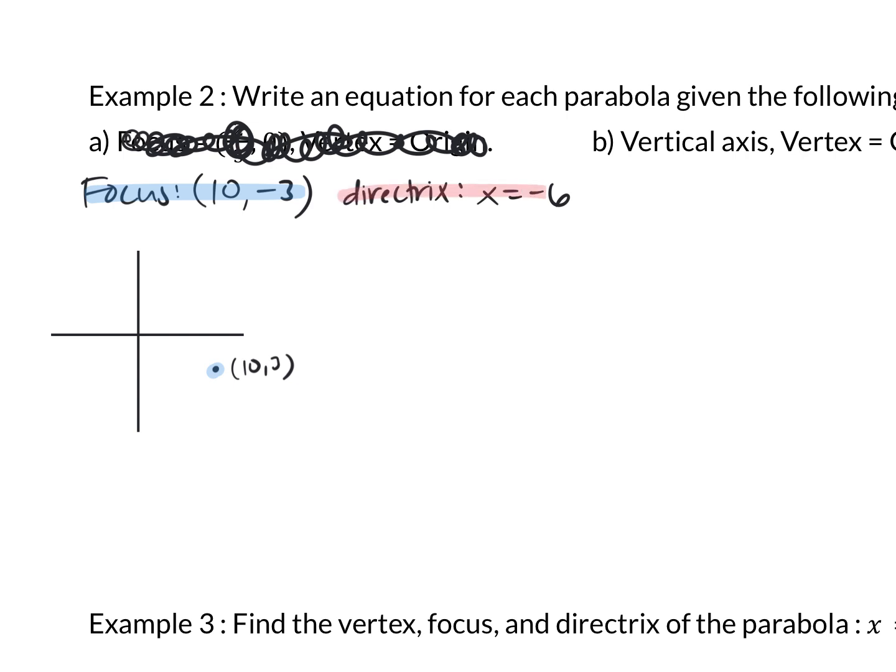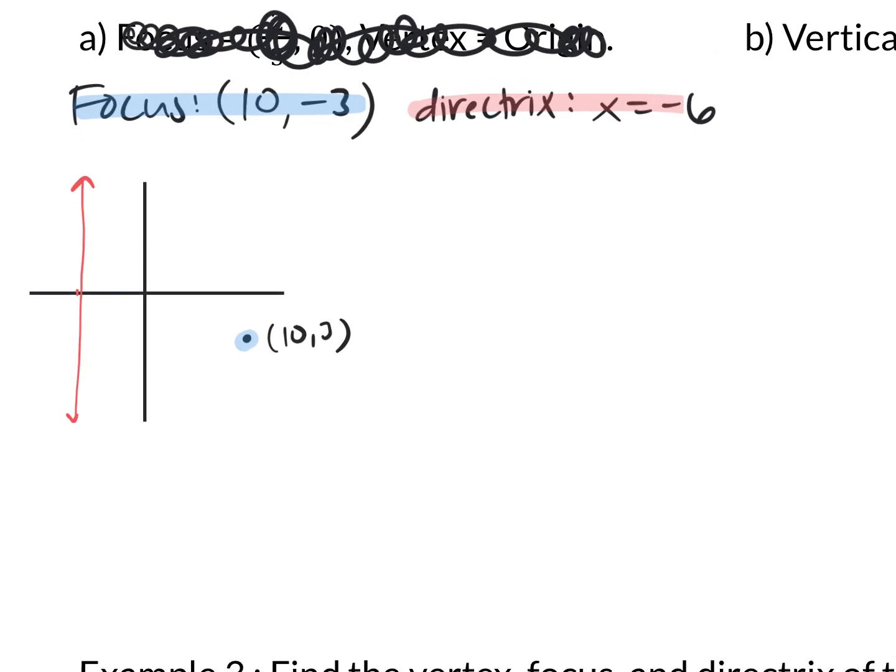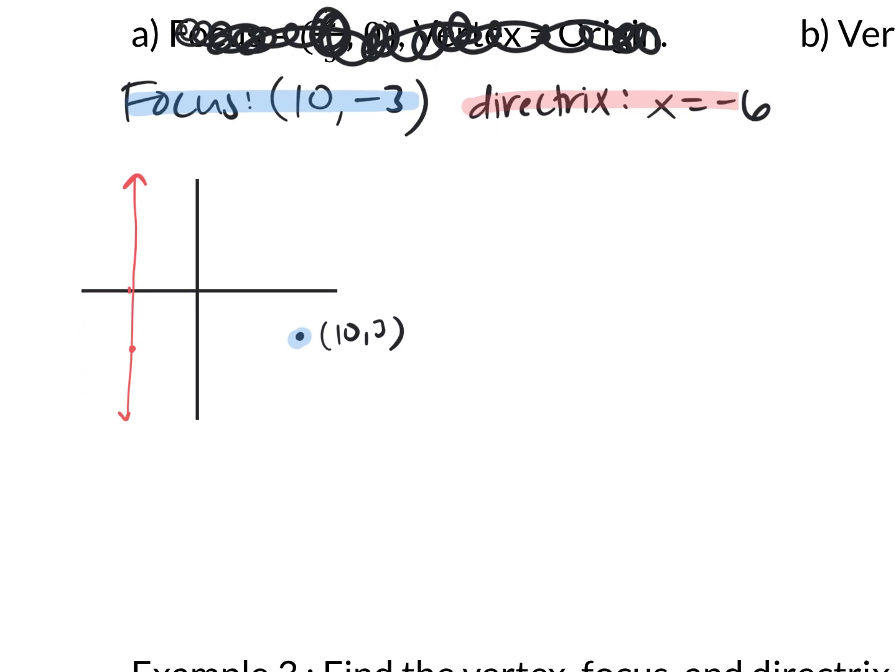My directrix is at x equals -6, so I can draw my line. Now, I wasn't even given a vertex. How am I going to find my vertex if I know my focus and I know my directrix? It's equidistant, right? So if this is at -6, we can think about this point being at (-6, -3).